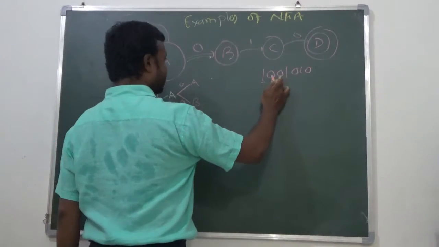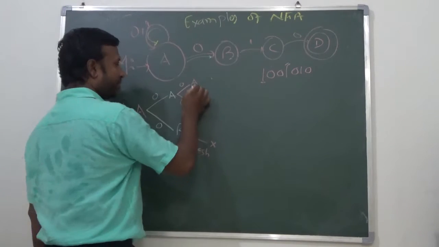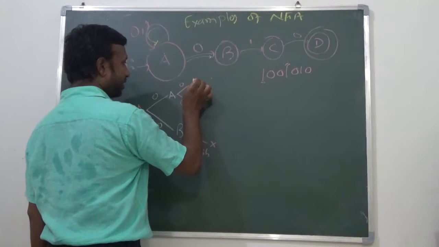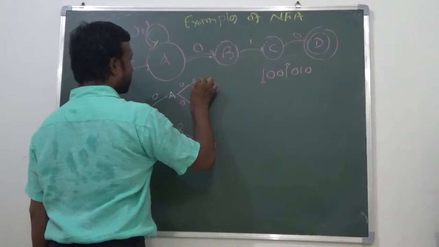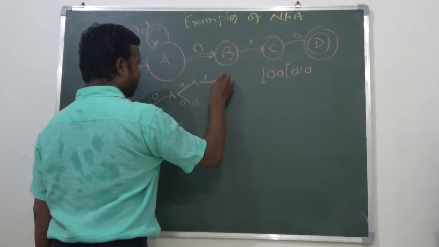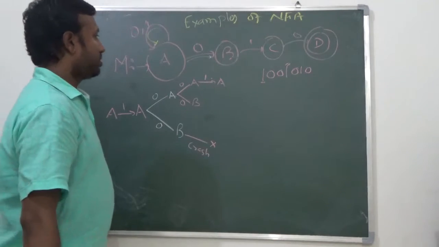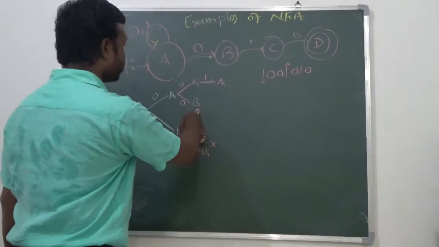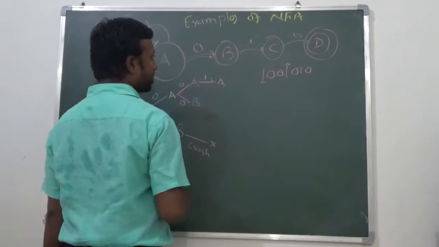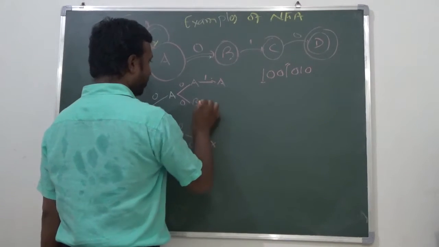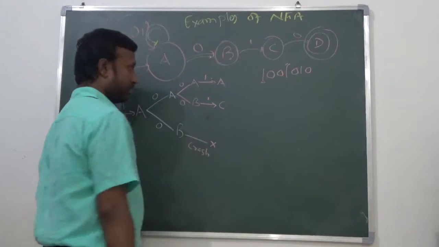Now the machine has already processed this 0, time to process this 1, right? If the machine decides to stay in the state A, there is only one choice. We go with the A. There is no confusion now. If the machine decides to stay in B, then by processing this 1, the machine goes to the state C, and again there is no confusion.